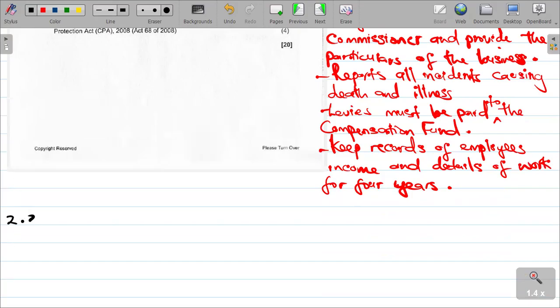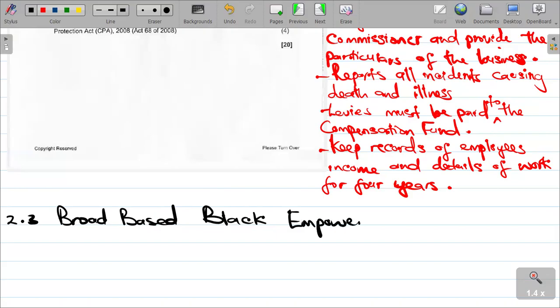BT is applying what you call the Broad-Based Black Economic Empowerment Act, which is what you call the BBBEE Act, right?